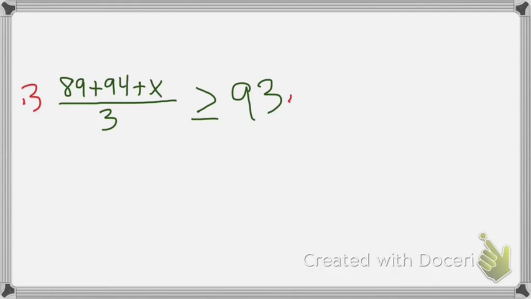Times by 3. Okay, so on the left side, that's going to cancel. So we'd be left with 89 plus 94 plus X greater than or equal to, what's 93 times 3?